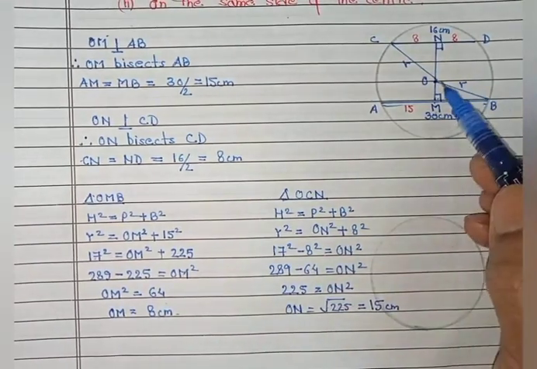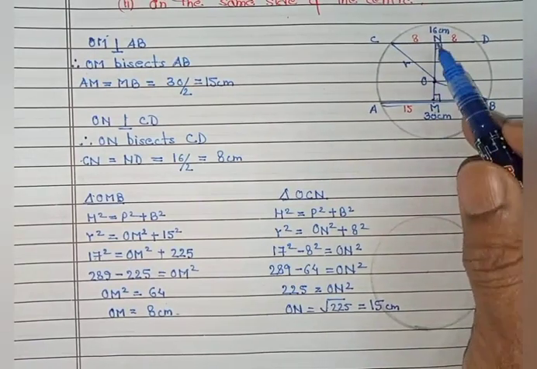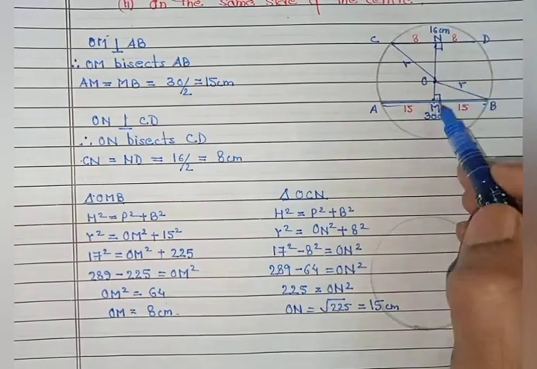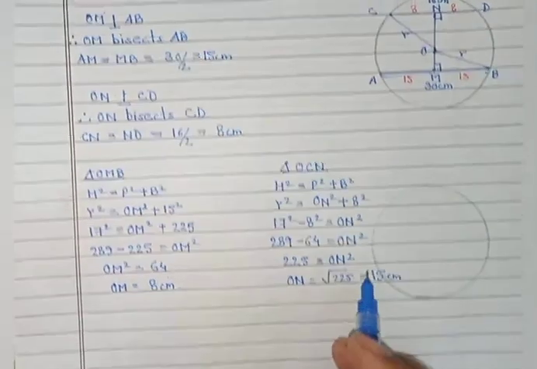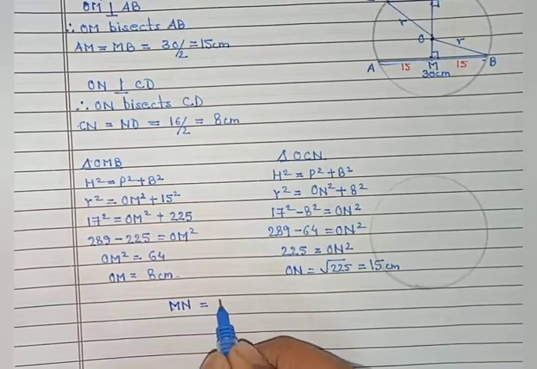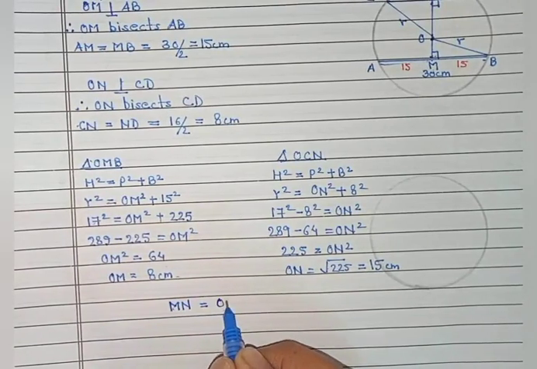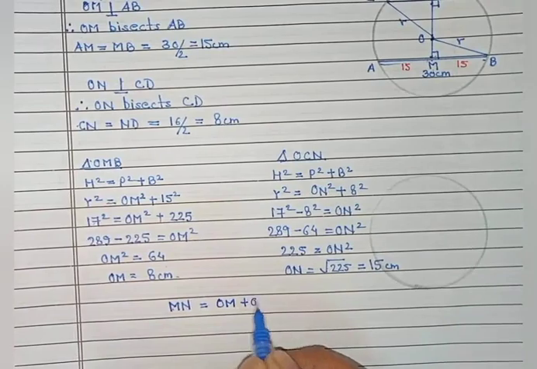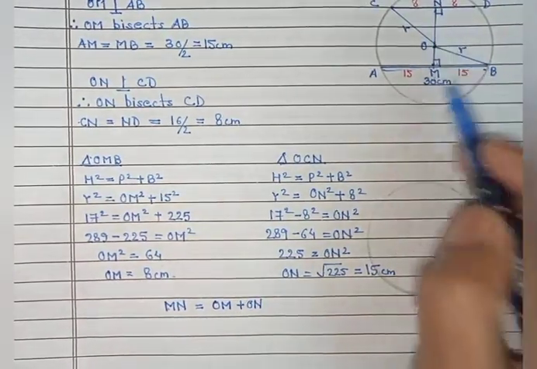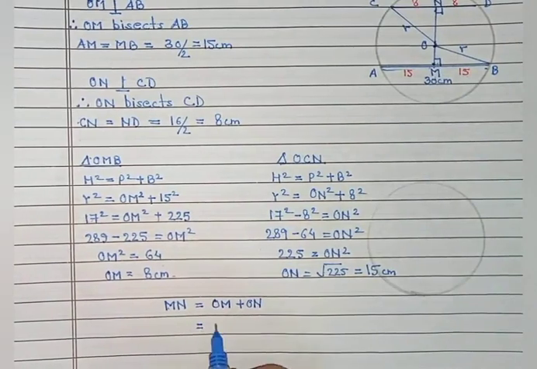Now see, we have got OM, we have got ON. The question says you have to find MN, that is the distance between the two chords. So MN will be equal to OM plus ON. See, OM plus ON will give you the distance between the two chords.